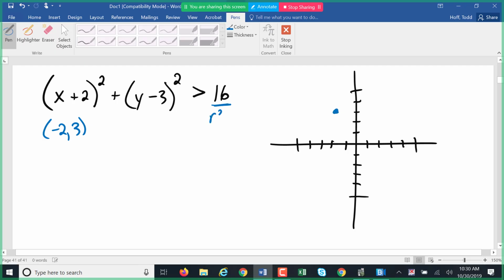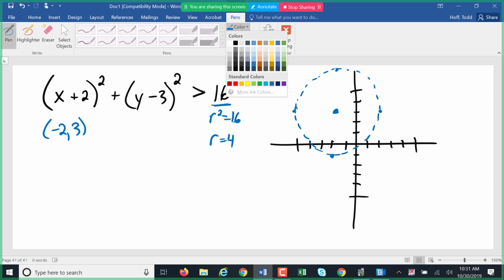R squared equals 16, so that tells us that the radius equals 4. So down 4, over 4, up 4, over 4. It is strictly greater than, which tells us that this is a dashed curve, a dashed circle. I'm not great at drawing solid circles, so my dashed circles are even worse.